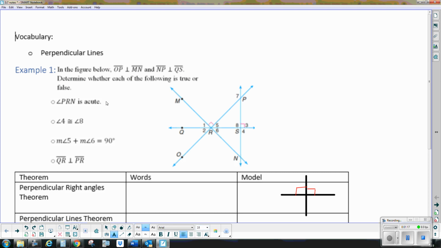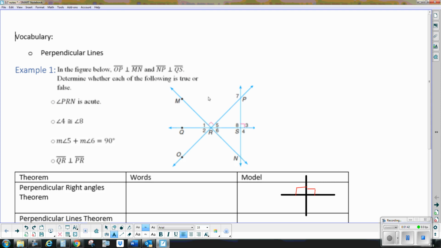It says angle PRN is acute. So let's look at PRN, P to R to N. We're going to use the theorems that we already know. In this case, we're going to use our linear pair theorem. We know that MRP and PRN form line MN, therefore it has to add up to 180 degrees.